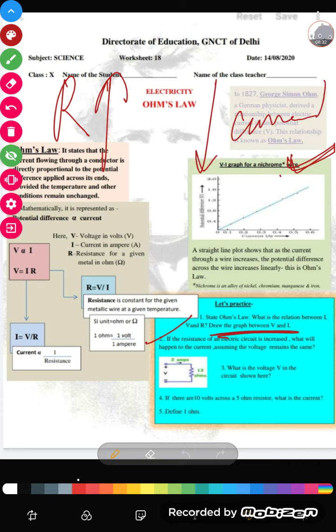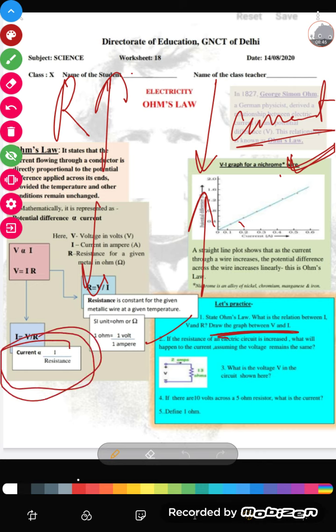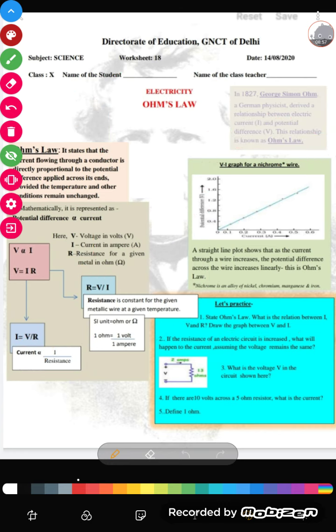And if the resistance decreases, the value of current increases. As I told you, it's inversely proportional. You can write it like this: the current is inversely proportional to the resistance, so we can conclude that if the value of resistance increases, the value of current decreases. Okay, next question.